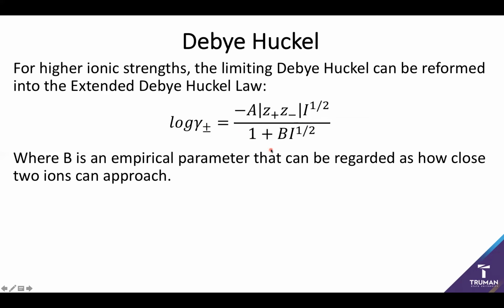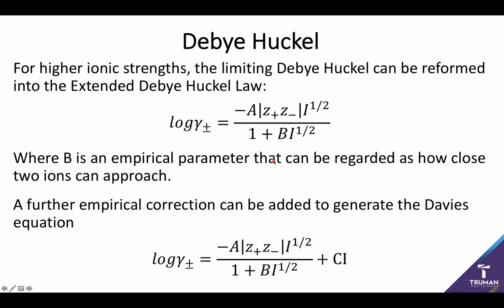But again, at a certain point, even the extended Debye-Huckel law will start failing, and we'll need to keep adding in extra empirical corrections. And so by adding a final term based on a C parameter and the ionic strength, we can go to what's called the Davies equation. And this gets us to slightly higher concentrations of being able to describe the system.